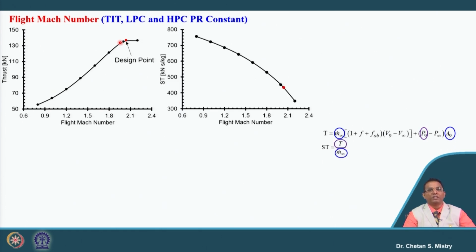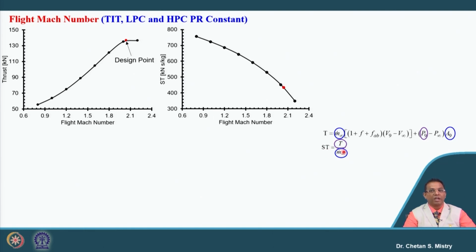Similarly, in this case, this is representing my specific thrust, so we need to be very careful here. The specific thrust is a function of thrust divided by m infinity, and this m infinity is a function of density into area into velocity.